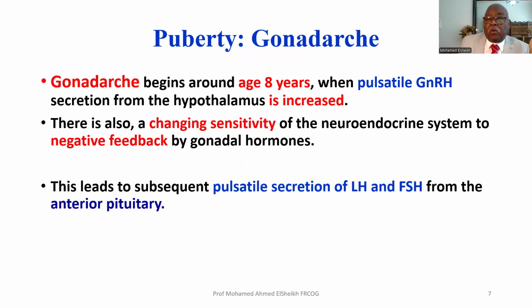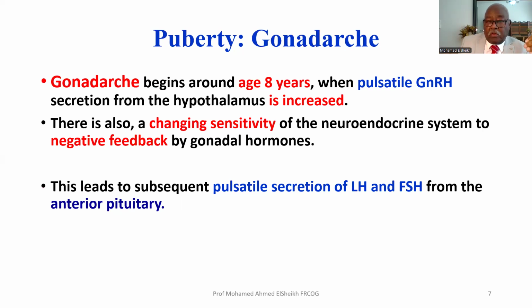So we go to gonadarche. It begins by the age of 8 years. The pulsatile gonadotrophin releasing hormone secretion is increased from the hypothalamus. There is also a change of sensitivity of the neuroendocrine system to negative feedback by the gonadal hormones.